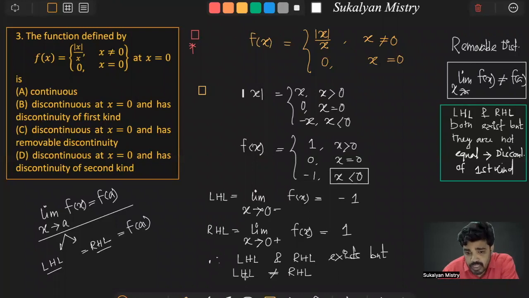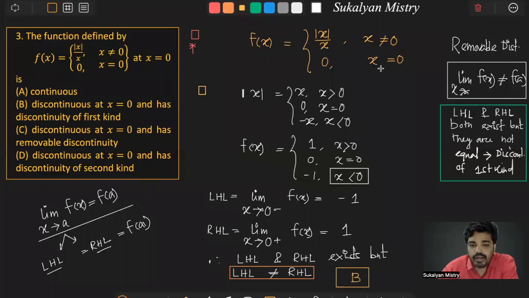So the function f(x) has discontinuity of first kind. Okay, clear? So from this we conclude that f(x) is discontinuous at x equal to 0 and it has discontinuity of first kind. So option B is the correct answer. Okay, clear?